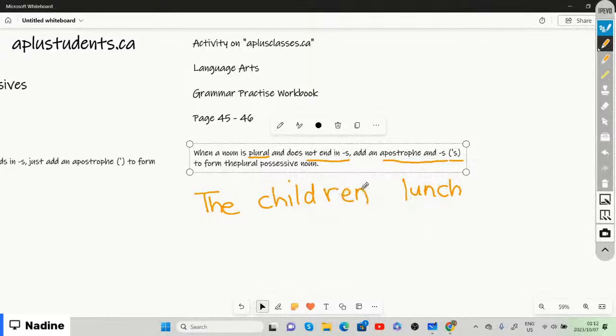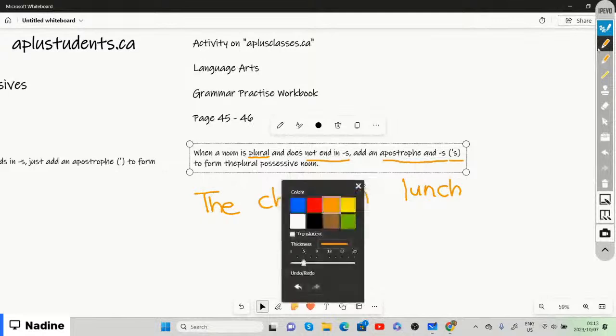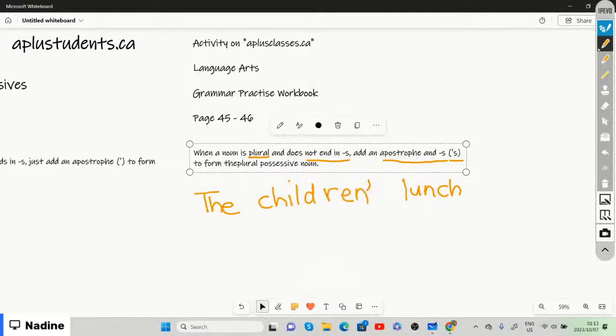Children refers to more than one person. It shows plural. And we said that if it shows plural, then we add the apostrophe and the S, but that is only if it does not end in S. So here we say the children's lunch, which means we put the apostrophe and we put the S. The children's lunch refers to the lunch that belongs to the children.